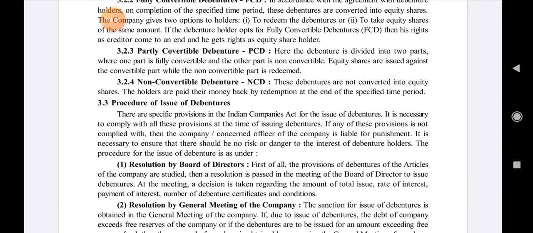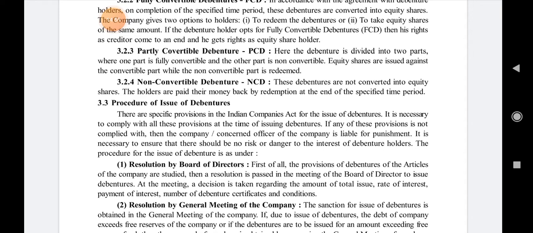One part can be converted fully and one part cannot be converted. Equity shares are issued against the convertible part while the non-convertible part is redeemed. See, the first part is where the equity shares can be converted and the second part cannot be converted.